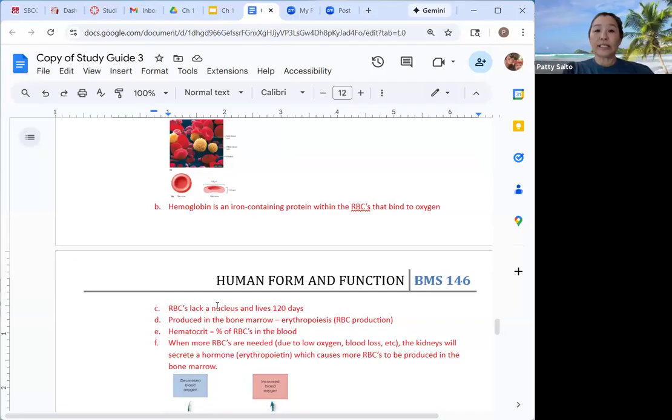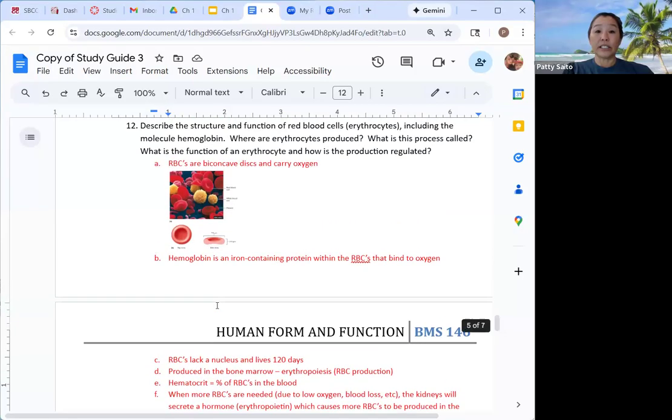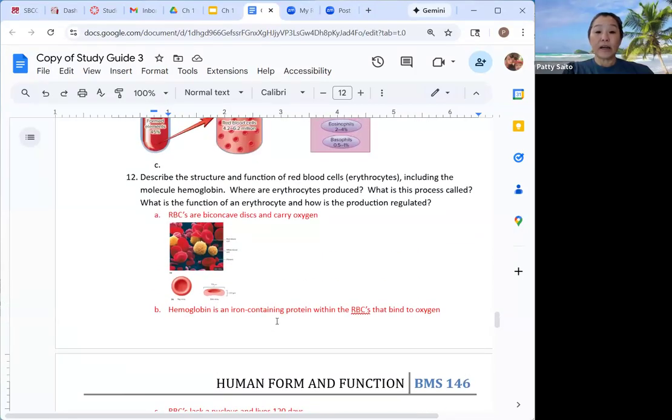Okay, so it's a cell whose function is to carry oxygen. And it does that by getting rid of everything it can in the cell, so it has more room to carry oxygen, right? And how does it carry oxygen? It has to have an affinity, something to bind to, and that something to bind to is called hemoglobin.